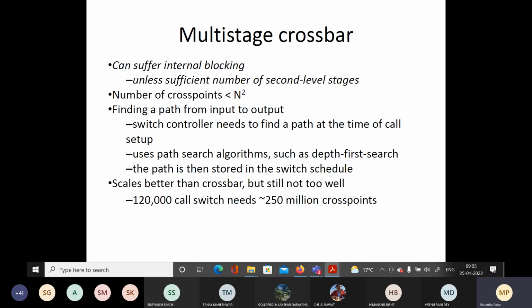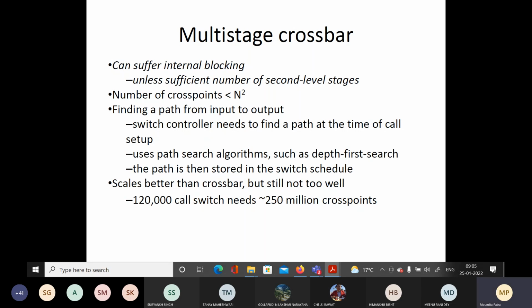Why would it suffer from internal blocking? If the array size that we are considering, that is the size of the second level stages, becomes smaller, then there wouldn't be sufficient paths from the input ports to the corresponding output ports, and that will cause internal blocking.